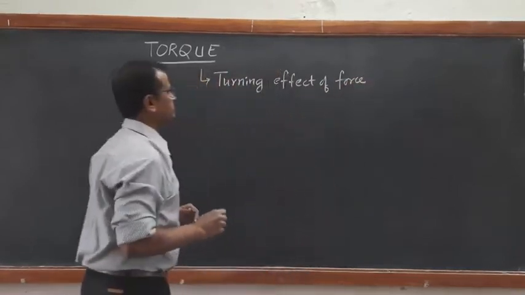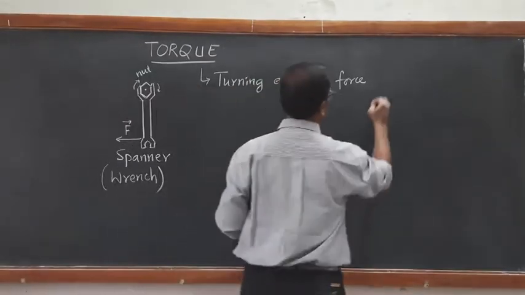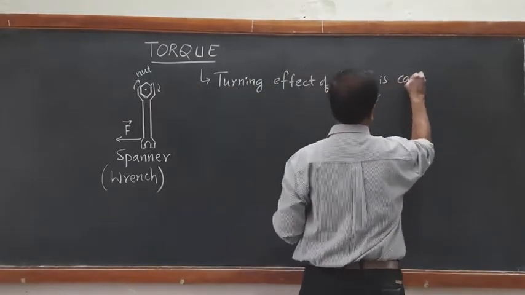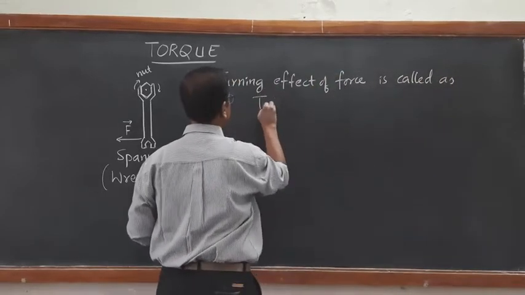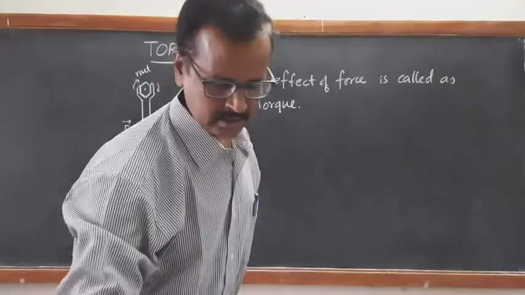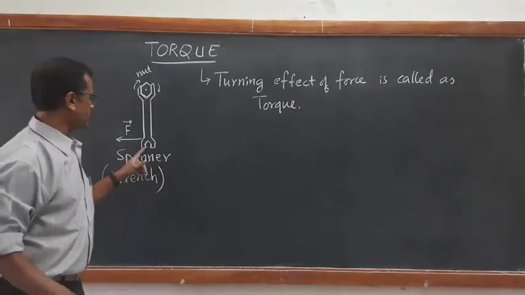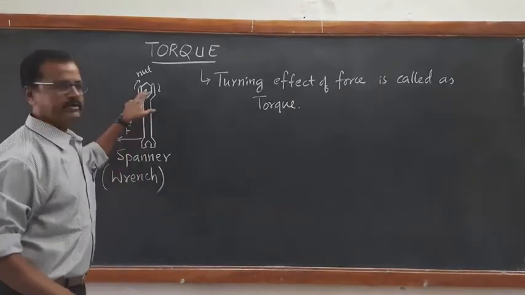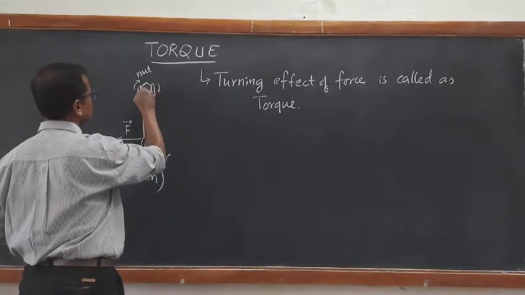The turning effect of force is called torque. So this torque depends on the force. This torque also depends on the point of axis of rotation. The axis of rotation passes through this center.